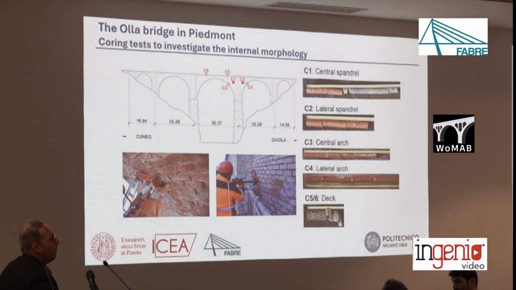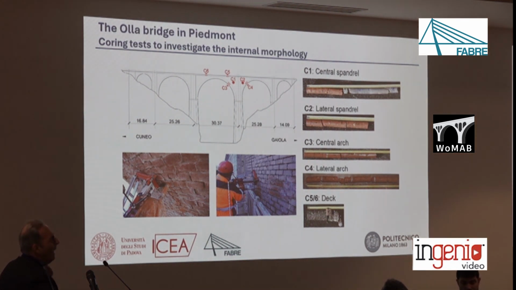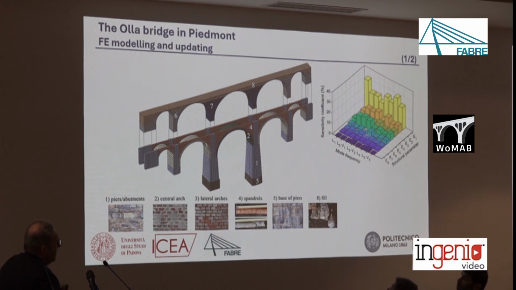We have collected from historical drawings information about the possible arrangement of the fill, but we need to complete it with information about the thickness of the central arch and the lateral arch, but also on the thickness of the lateral spandrel, in order to use this information for building a finite element model. As I said before, 2 different finite element models were developed.